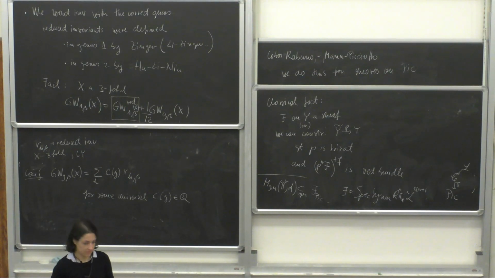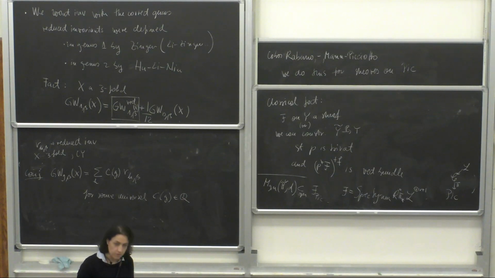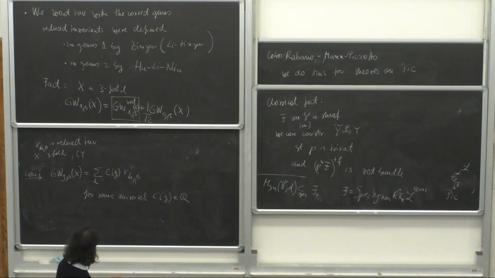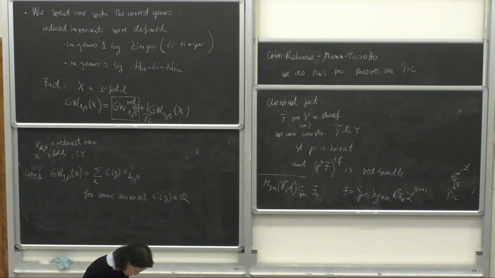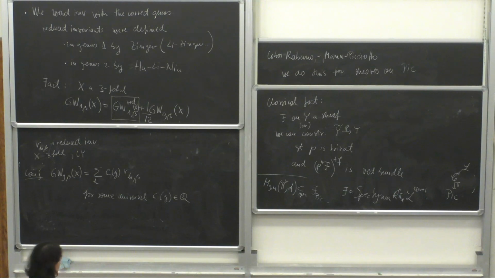There is a more general conjecture by Zinger that also holds in the Fano case, and that's more elaborate because the C's depend also on X, and they depend on H and beta. Okay, I'll stop here, and I'm happy to answer questions. Thank you.